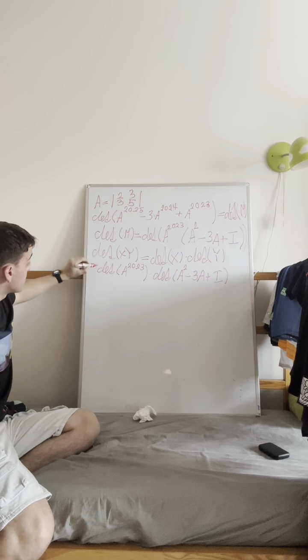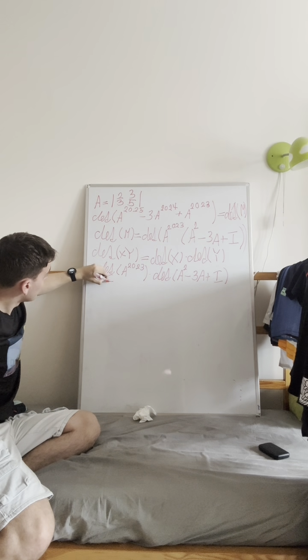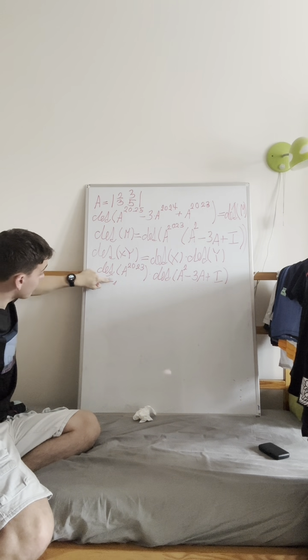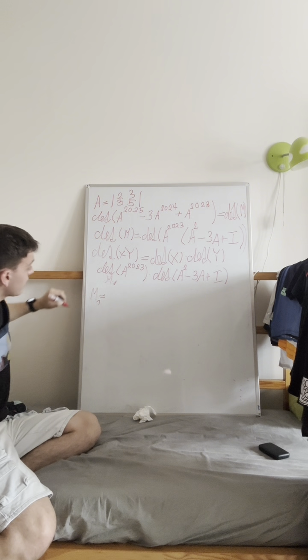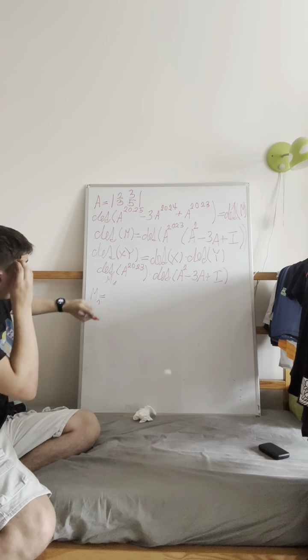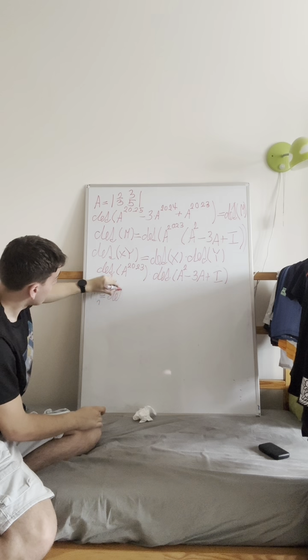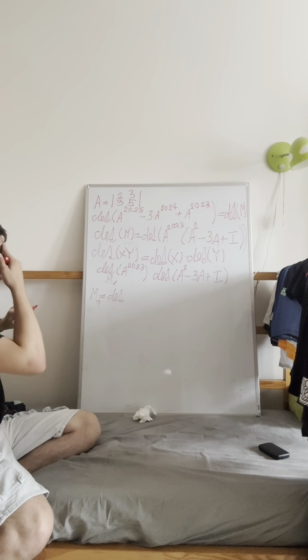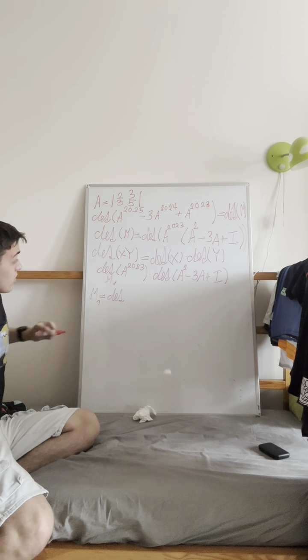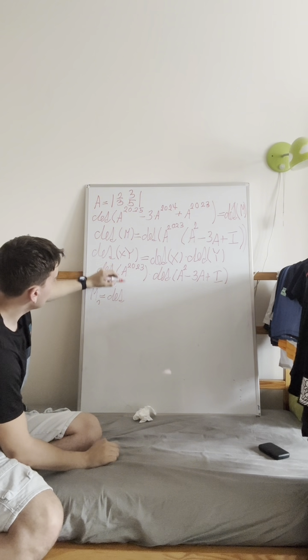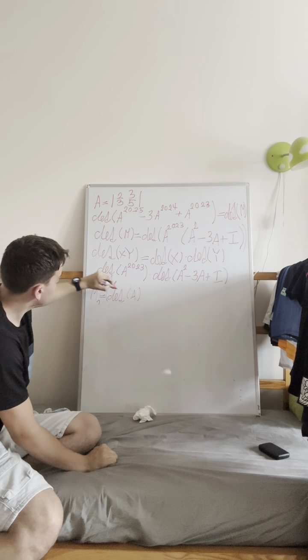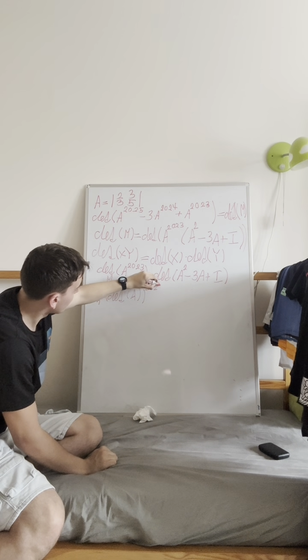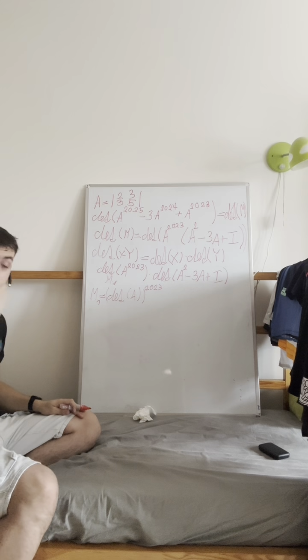So this first part, we can call it M1, which will be equal to the determinant of A, all to the power of 2023. We just have to calculate the determinant.